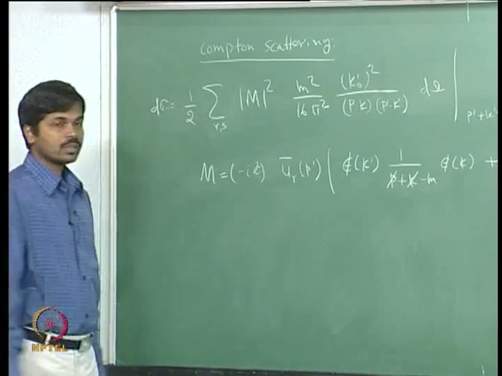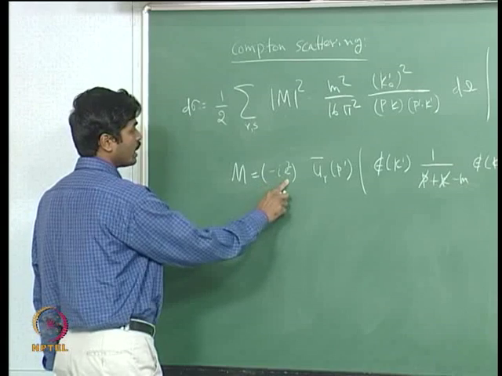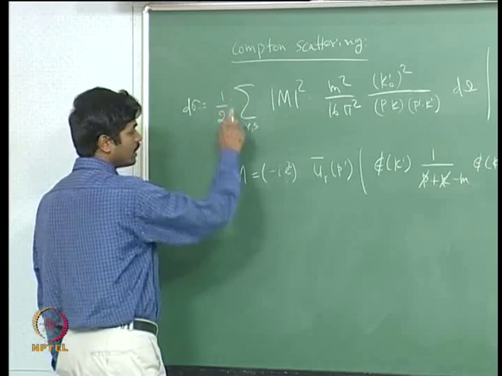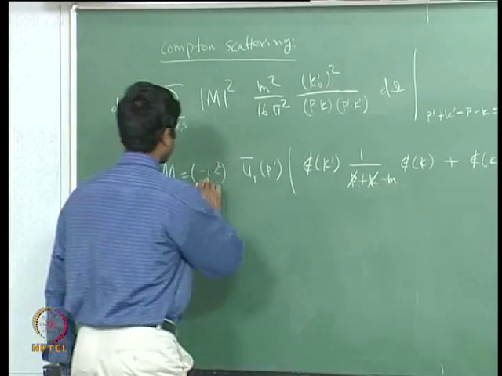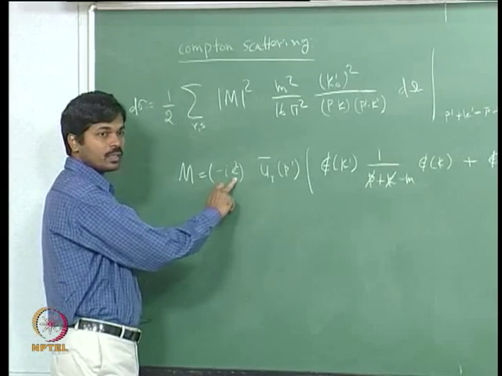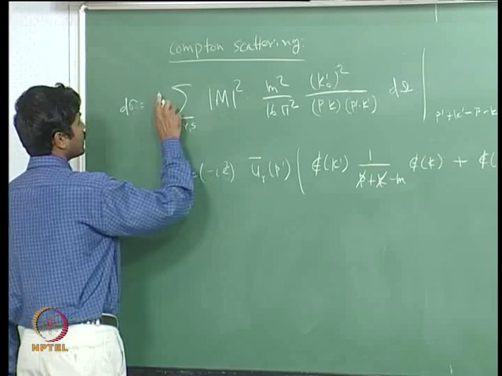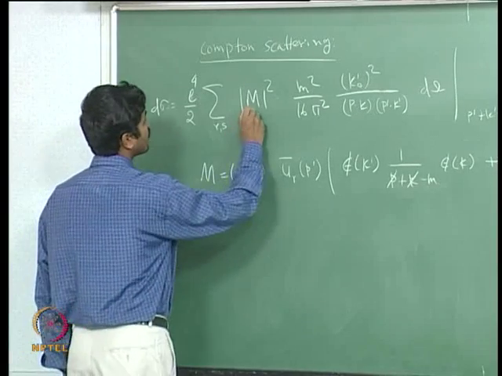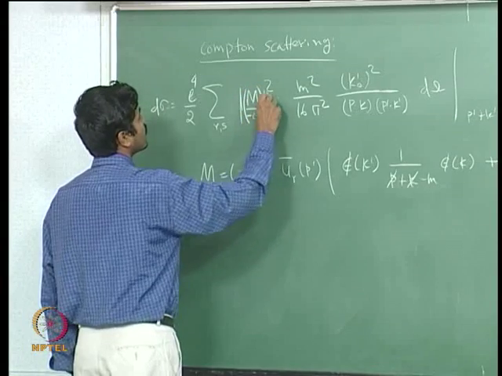Now, you remember I need to evaluate the modulus of m square, okay. In the mod m square, what will appear is, there will be e fourth here, okay. So, I will erase this minus i e square from here, or in other words, what I will evaluate is, I will put an e fourth here, and then I will evaluate m divided by minus i e, this mod square.